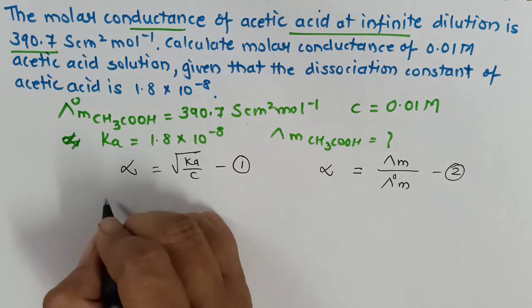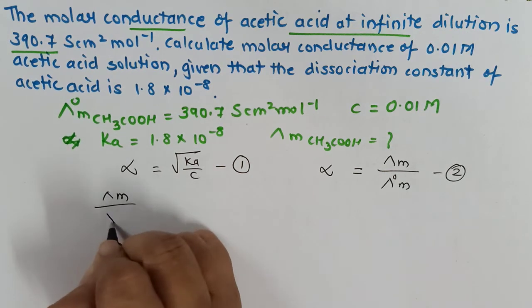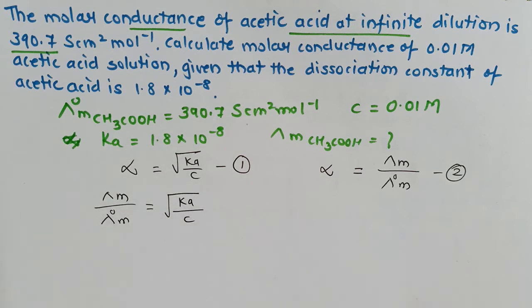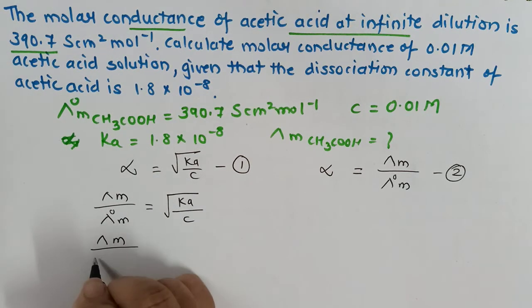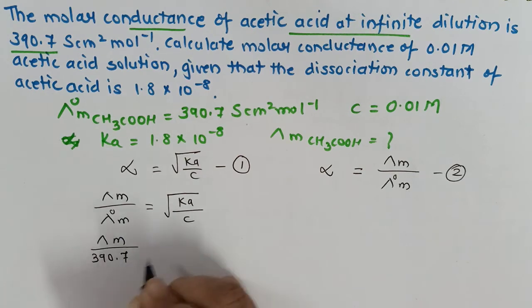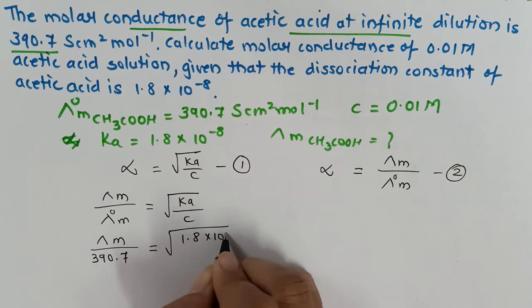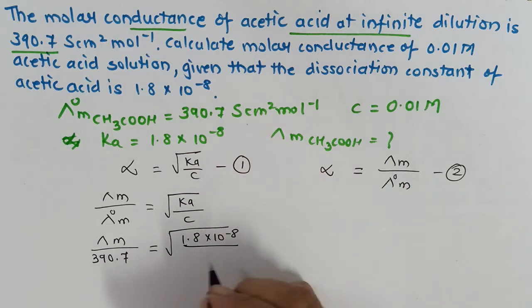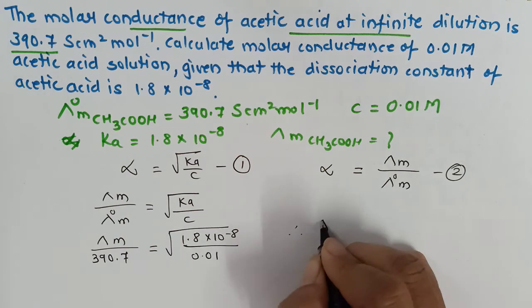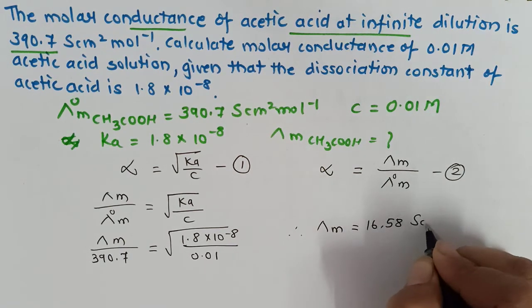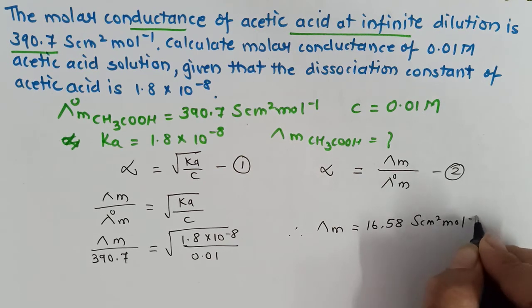So equate the values: molar conductivity upon limiting molar conductivity equals square root of Ka upon C. Substitute the values: lambda m upon 390.7 equals square root of 1.8 into 10 to power minus 5 upon the concentration 0.01. When we solve this, we get molar conductivity as 16.58 Siemens centimeter square mole inverse.